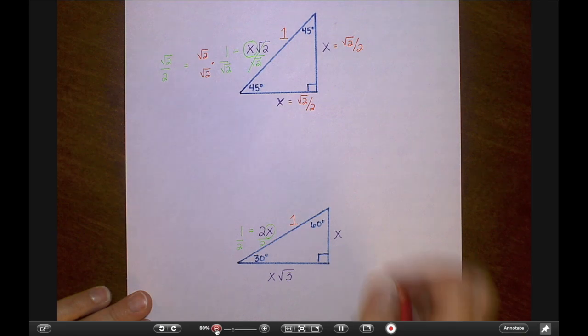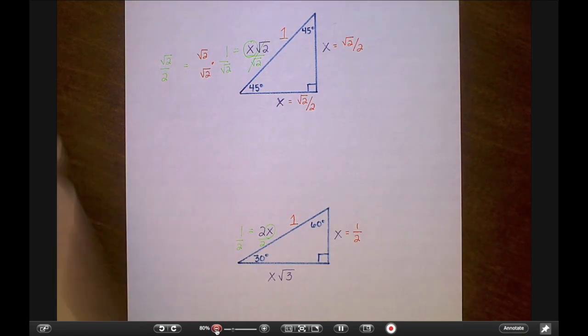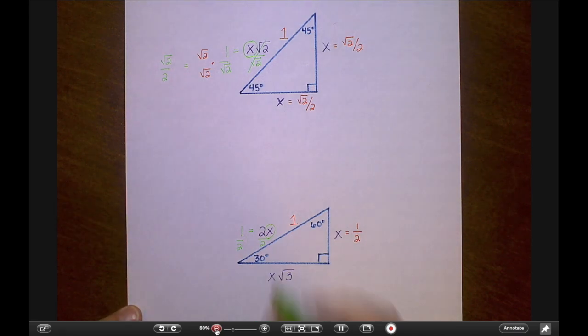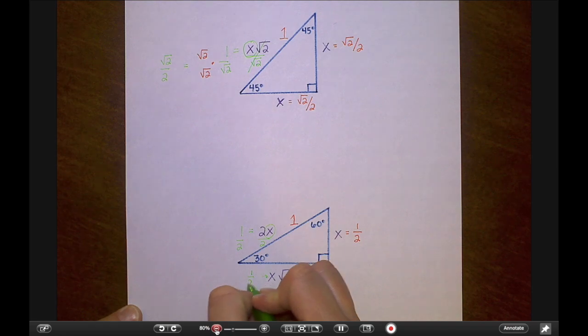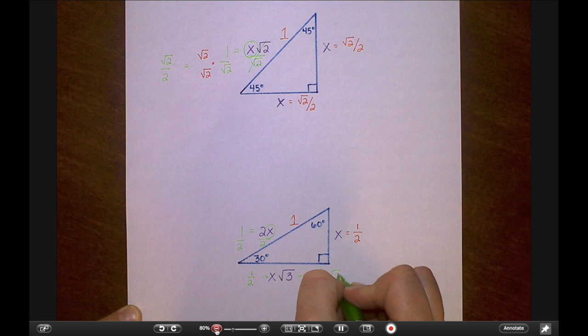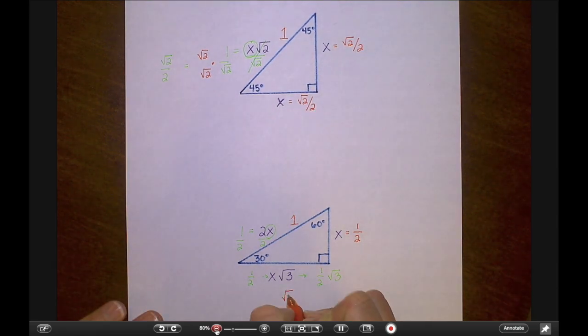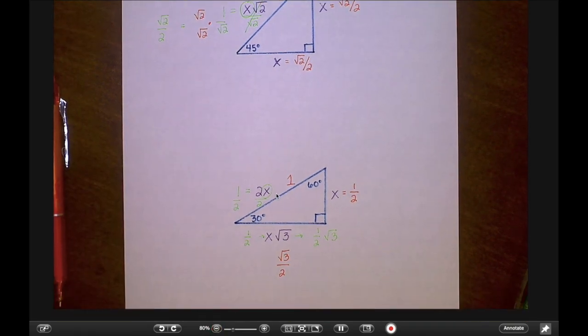This x over here we just found is equal to 1/2. And then down here on the bottom, really what I'm doing is I'm replacing this x with a 1/2. So that would end up looking like 1/2 square root of 3. The better way to write that would be square root of 3 over 2. Okay, and I realize that's kind of low.